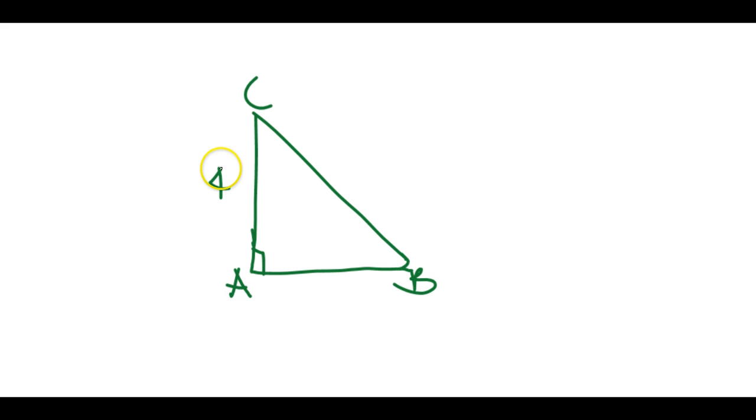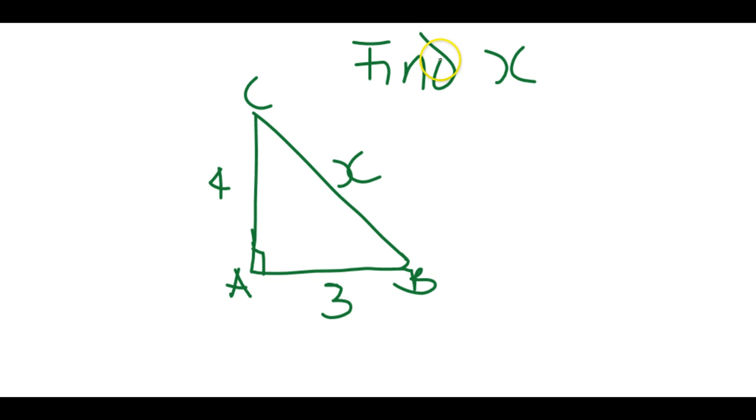Let's say he put 4 here and put 3 here and put x here and asked the student to find x. So this boy was asleep, and when he woke up, he saw the question on the board. The teacher was using a cane on those who were failing to answer the question. And because he was afraid, he didn't know what to do because he didn't understand what was going on.